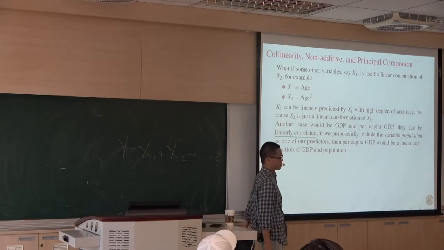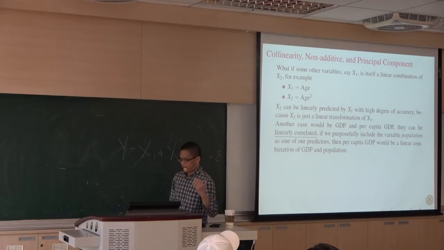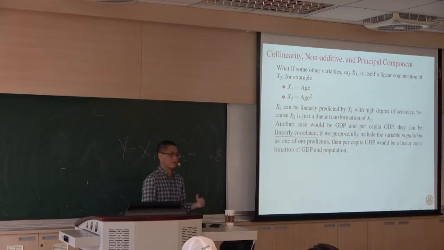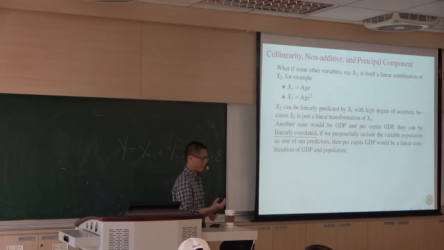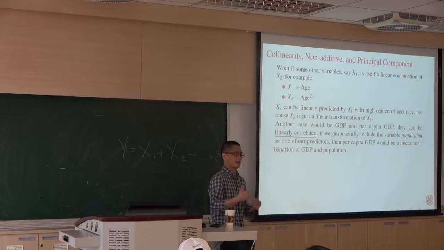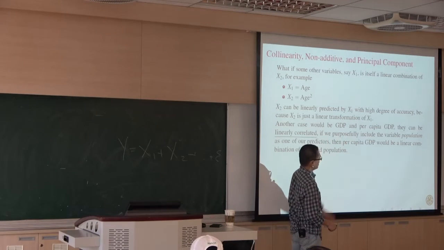So population would be one. And then you also want to find out how wealthy that country is. You cannot just be a large country. You should also have a population with a high level of disposable income, so that they will purchase imports. So you have GDP per capita, and population.